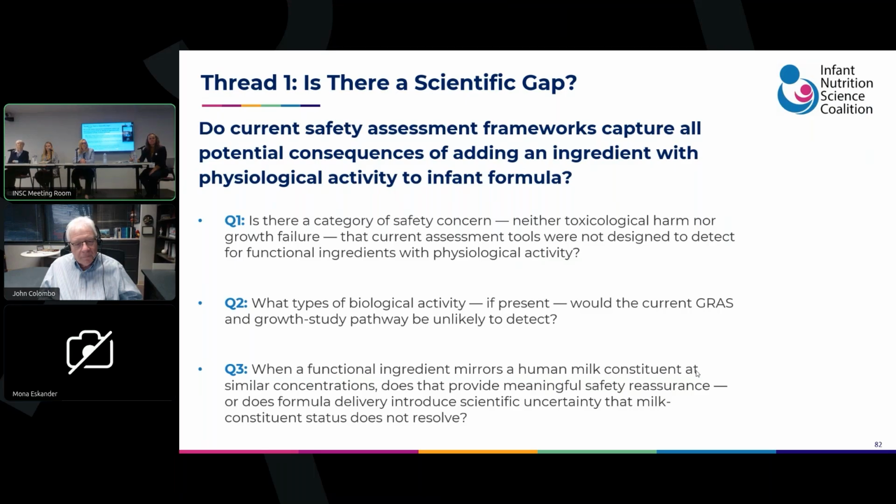If we're talking about formula without the ingredient, and that's what the function is, and then you're talking about human milk, getting closer to human milk from formula without the ingredient, you could call it a benefit. Getting closer to human milk, that's better. Getting further away from what human milk performance would be, that would be getting worse.